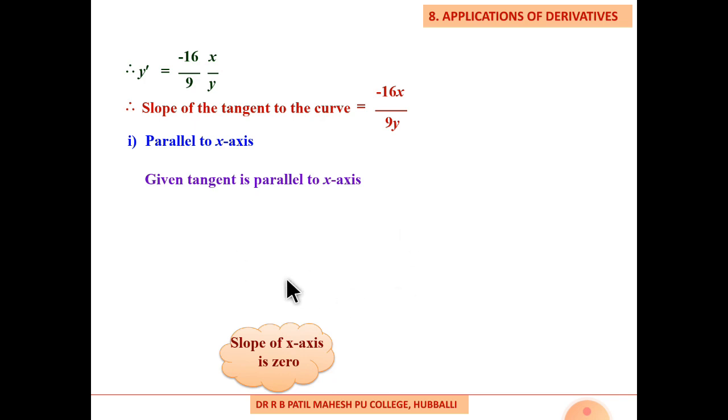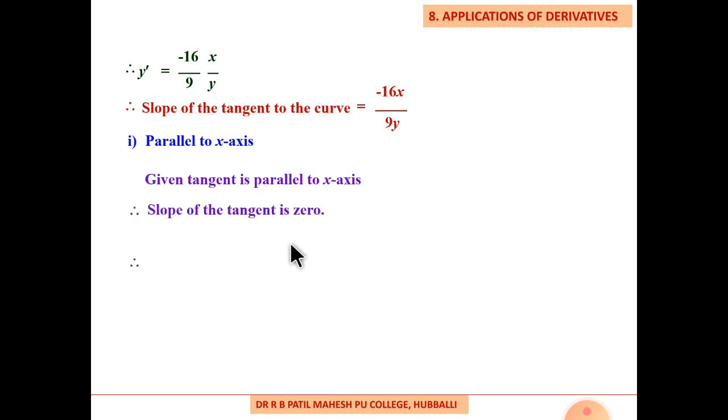The slope of the x-axis is always 0, because for the slope of any line there are two formulas, by using theta value or by using the two-point form. By using theta value, when the line is parallel to x-axis, theta value will be 0. So tan 0 is 0. So here the slope of this tangent is 0.